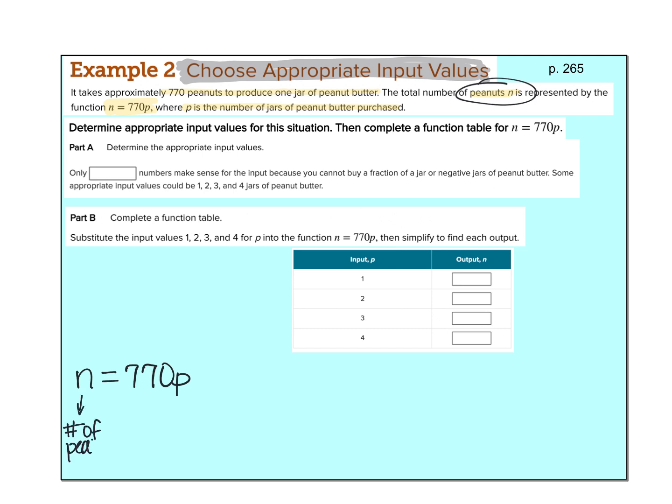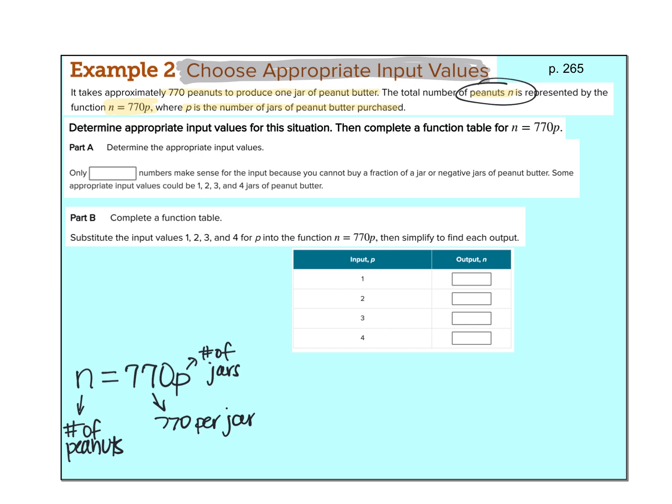So if I'm trying to find out how many peanuts I'm using, I know that there's 770 peanuts per jar. So the P is the number of jars. Now you would think they would use like J or something, but they use P. So there's 770 peanuts per jar. And then that would give us how many total peanuts.